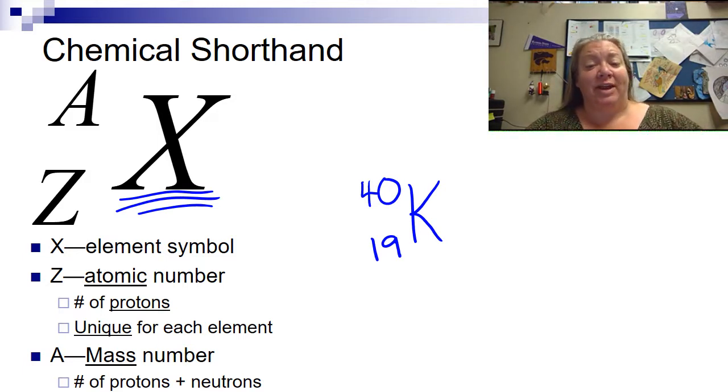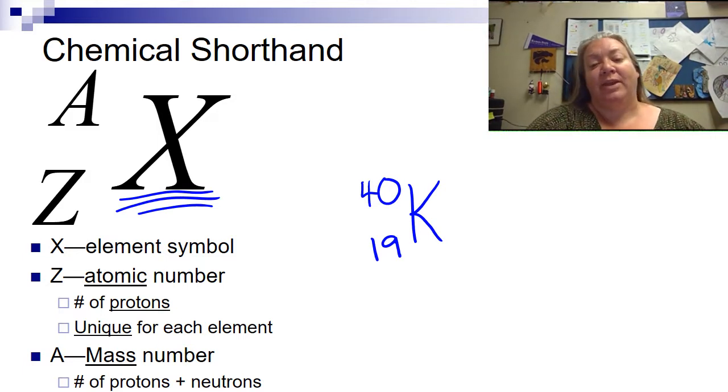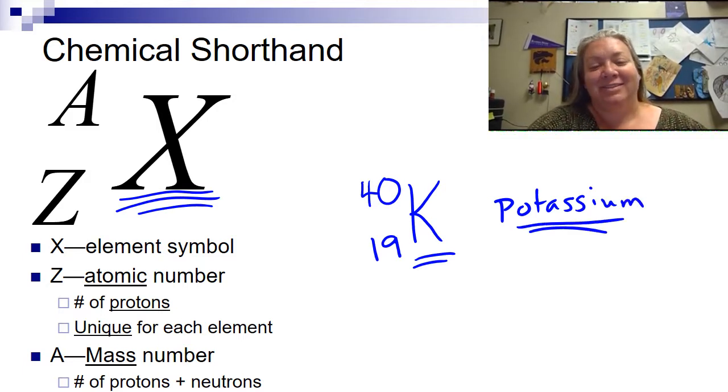So let's see what I've got here and what we can learn from this. Again, I have the element potassium. Did you eat some potassium today? A good source is bananas. This has 19 protons.